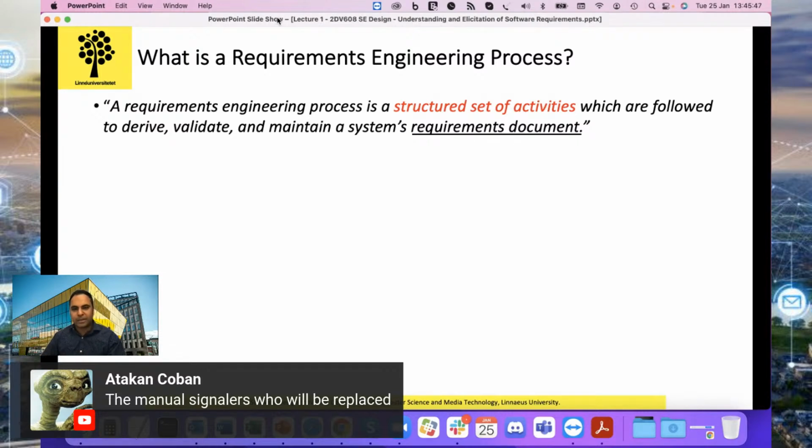Basically it's a well-defined process in which you should start from one point and follow the defined process in a systematic, structured way. When you do this, your requirements engineering becomes a requirements engineering process. It can vary across organizations, even across departments, and there is no best engineering process.